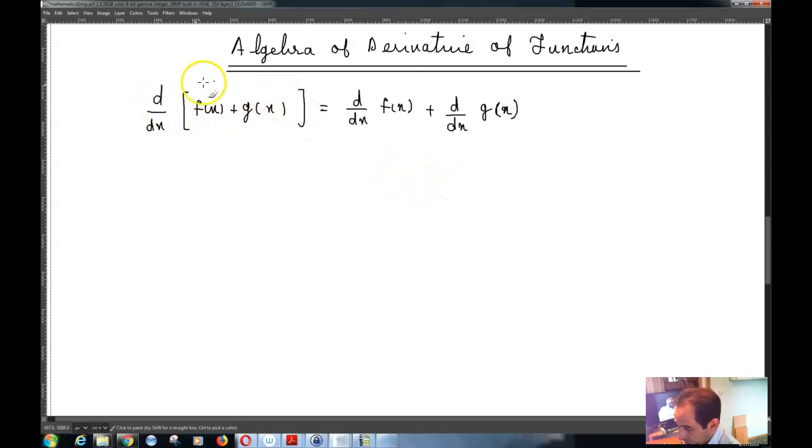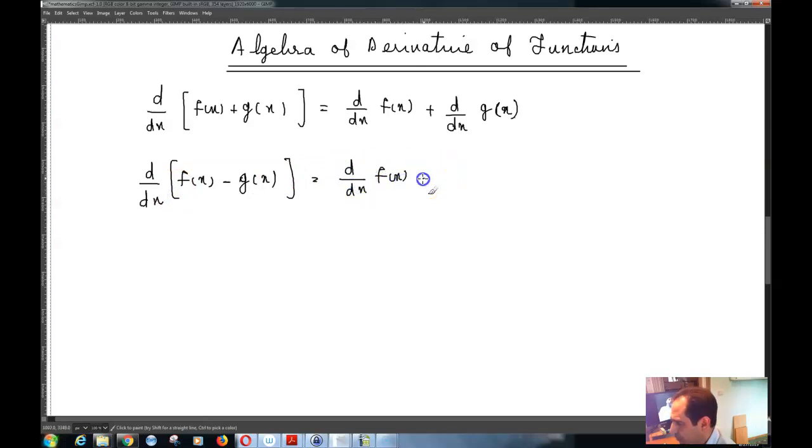And the derivative of the difference of two functions is equal to the difference of the derivatives of the two functions, meaning that d by dx of f of x minus g of x is equal to d by dx of f of x minus d by dx of g of x.